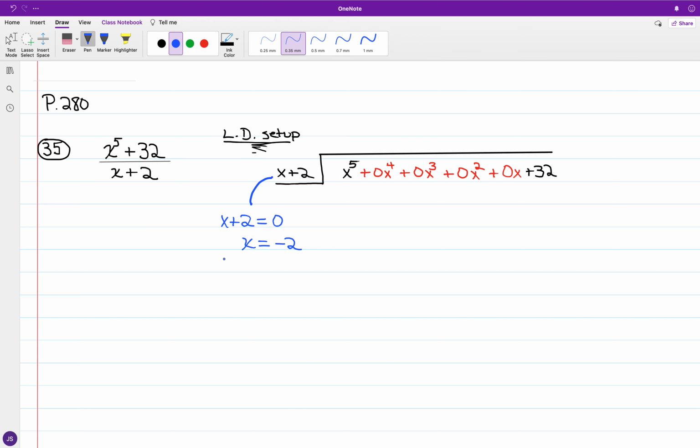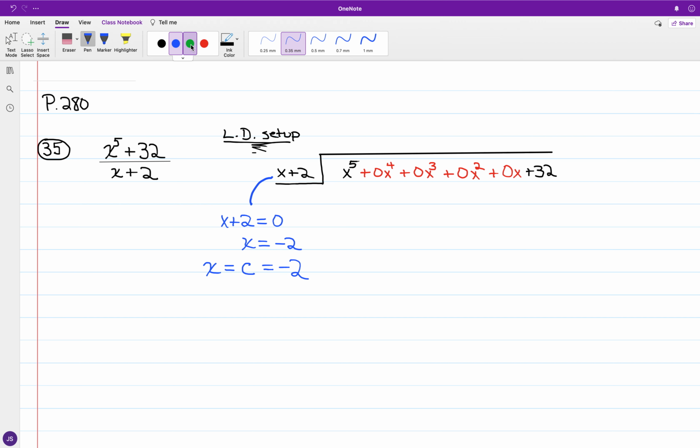I'm going to add another description since I'm going to be working with the remainder theorem. In the remainder theorem, you have f of c, and c is going to be the zero of the divisor, so we can say that x equals c equals negative 2 as well.